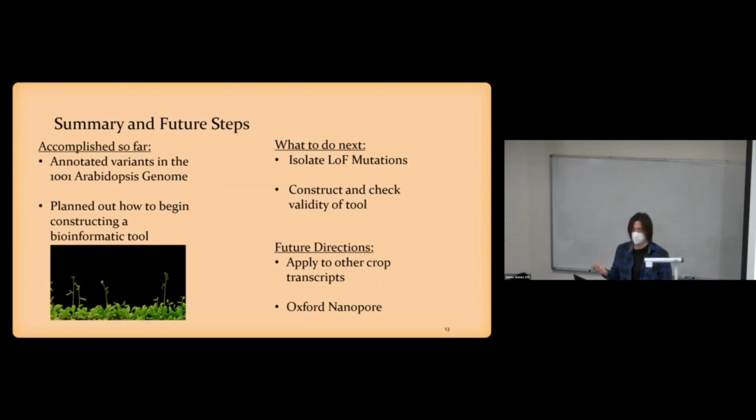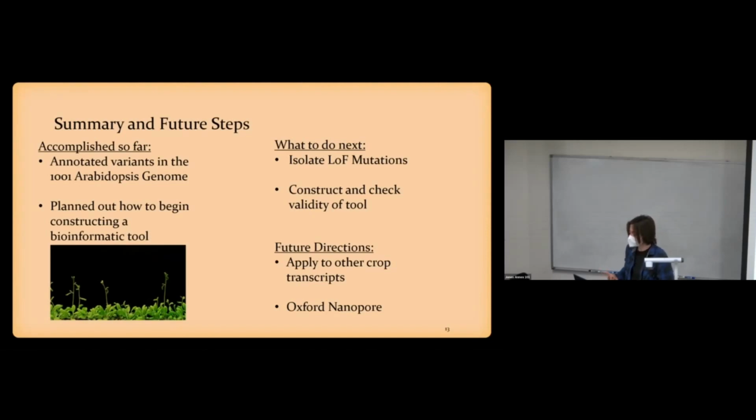So, summary: we're just getting the project started, but so far we've accomplished annotating the variants in the 1001 Arabidopsis genome, and we found out how to begin constructing a bioinformatic tool. So next, we need to isolate the LOF mutations from the SnpEff output, and then we can construct and check the validity of our tool.